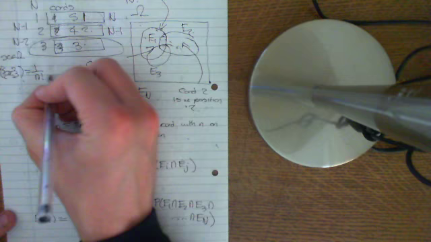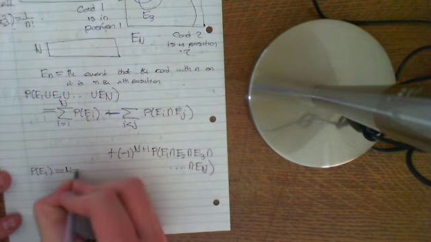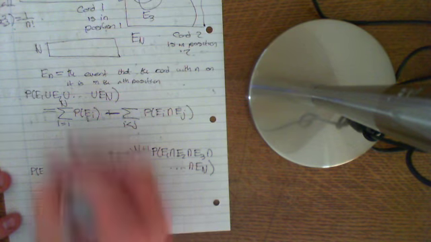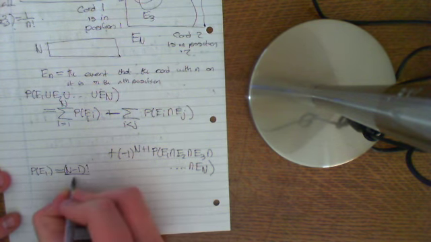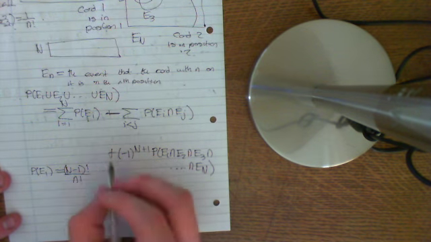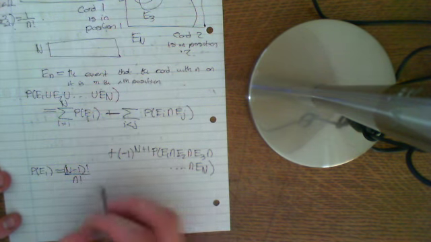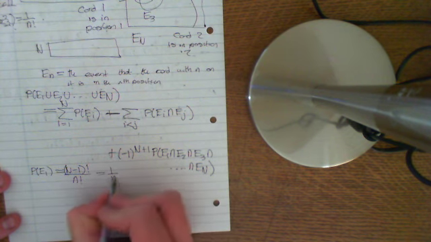So it's n minus 1 factorial basically. So the probability of E1 is equal to n minus 1 factorial, the number of outcomes in E1, multiplied by the probability of a single outcome, which is 1 over n factorial. Okay, so that is equal to 1 over n.